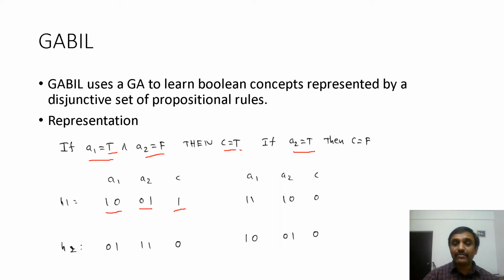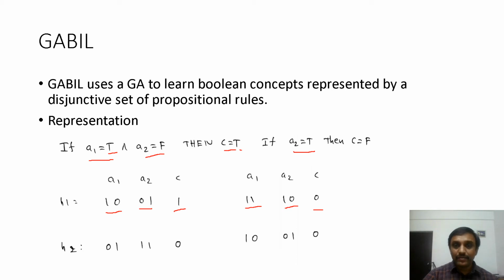A1 is the most general case. Whatever the A1 value, if A2 is true, the result is false. So here A1 is 1 1, any value is acceptable. A2 is true, that's why 1 0. C is false, so C is 0. Like that we can represent a hypothesis.